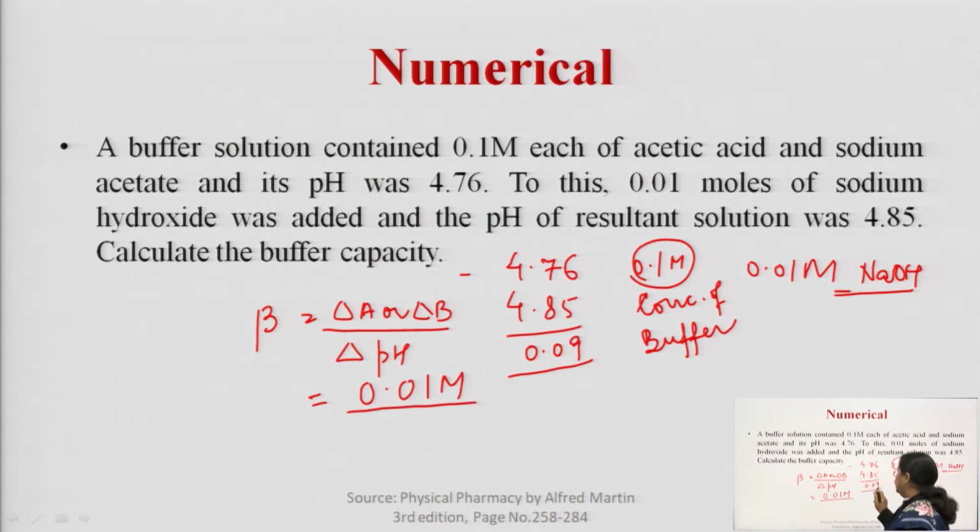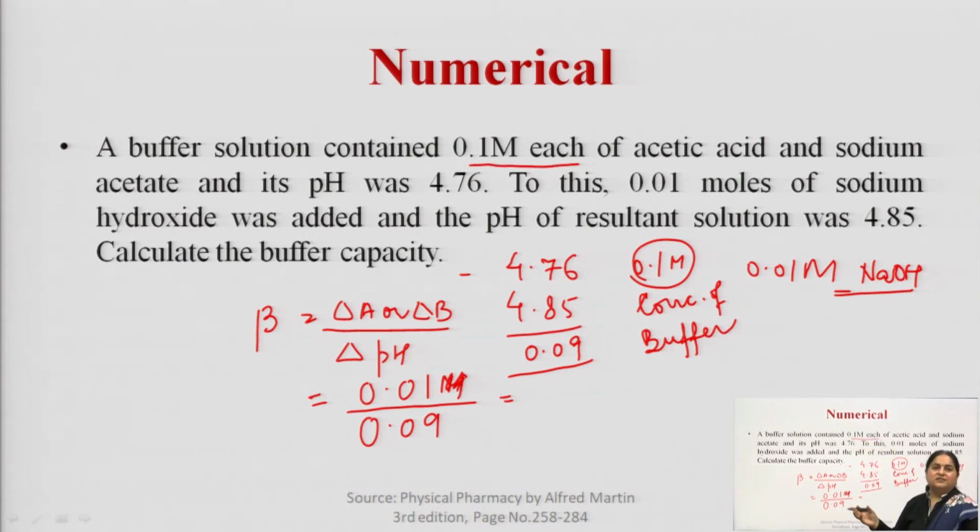And what is the change in pH? 0.09 units, right. So, it is 0.01 upon 0.09. You simplify it and get the value. So, this is the buffer capacity of the buffer that you have used. So, one thing is confusing here. So, the concentration of the buffer is given here.